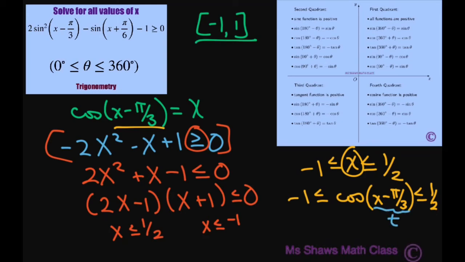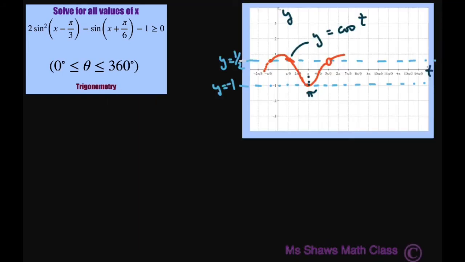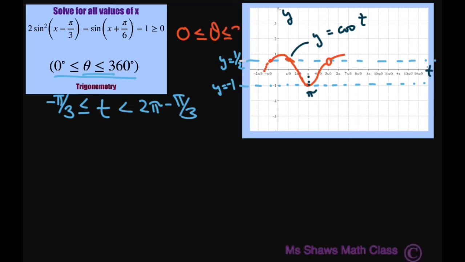Since we're going from 0 to 2 pi, we subtract pi divided by 3 from both sides.